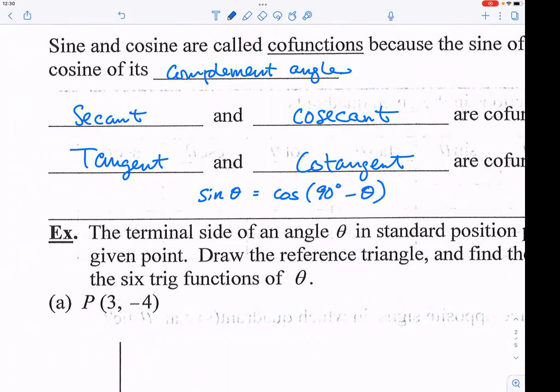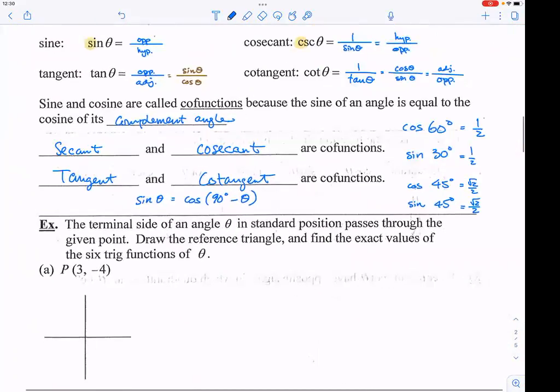At the very beginning, you may find this kind of expression very strange, and that's why I asked you to come up with these values first. Now you can say, oh yeah, sine 30 degrees is 1/2, and it's also equal to cosine of 90 minus 30, which is 60 degrees. So they are actually the same thing.